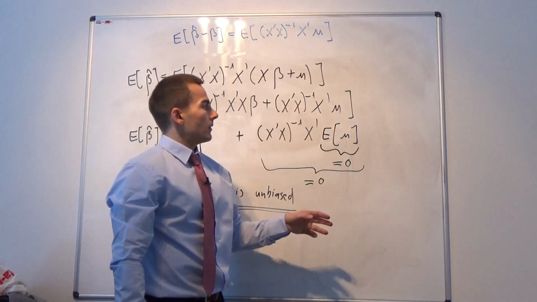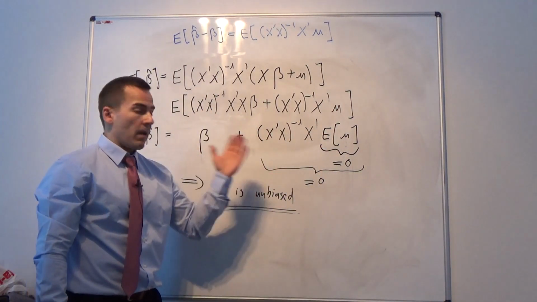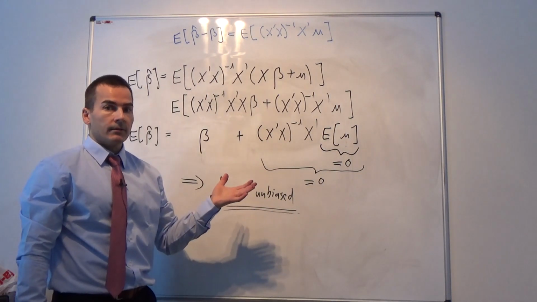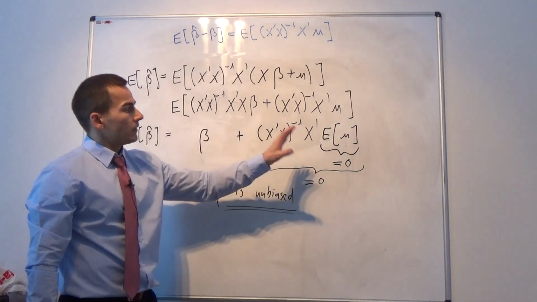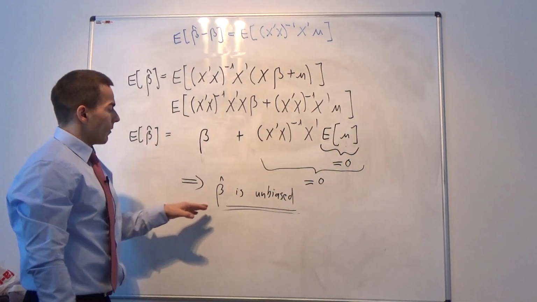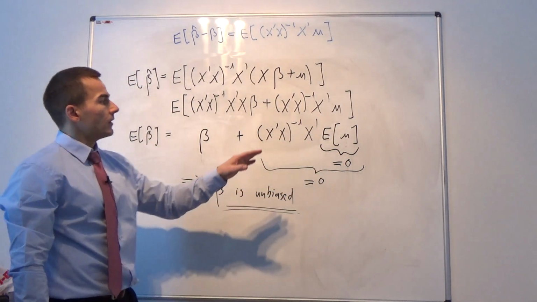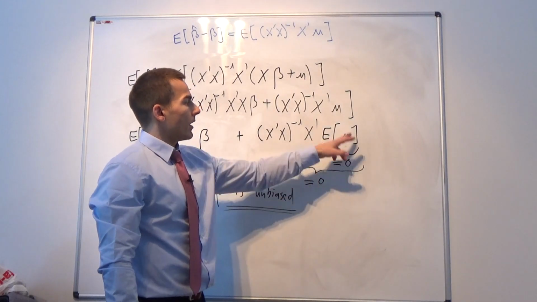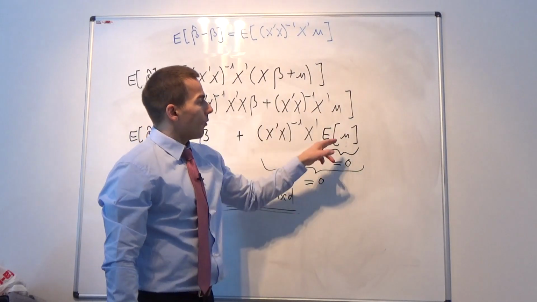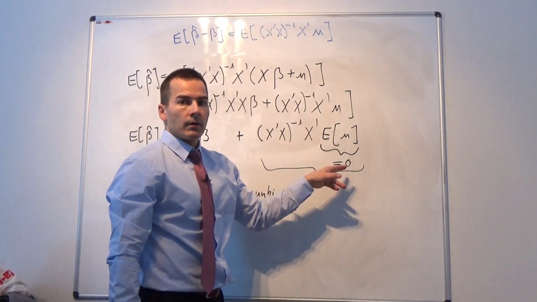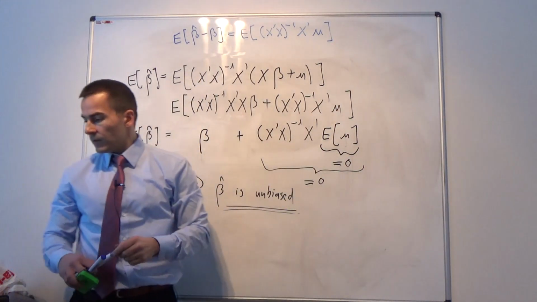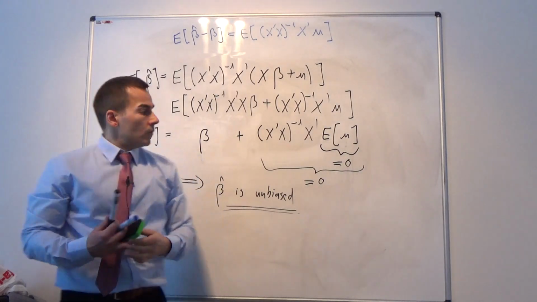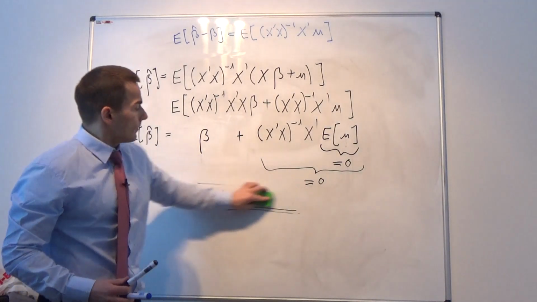It doesn't matter what kind of dependency structure we have in the data. The only assumption necessary for showing that beta hat is unbiased is that our random part, u, is zero on expectation. So let's take this away.